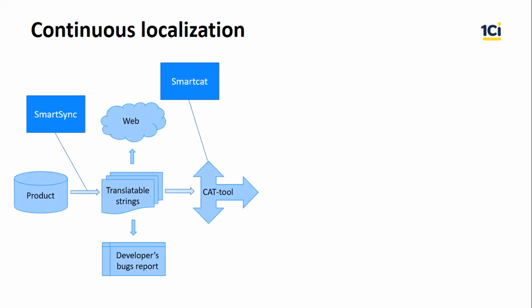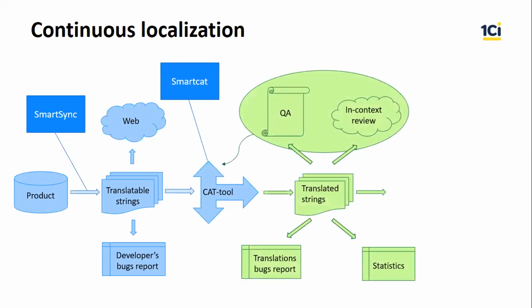When the translation is finished, SmartSync gets the translated strings to deliver them into the application. It also generates a number of reports. The first one is the report for the project manager. The project manager gets the translation bugs report.